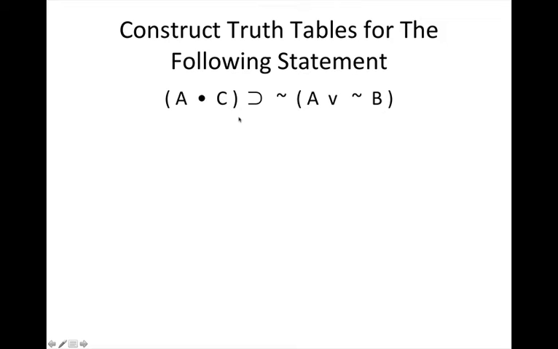All right, now we've got a more complicated sentence in two ways. First, can you see that we have 3 simple statements? So that means that we need to generate 8 lines or 8 rows of a truth table. We also have a slew of operators. So what I would like you to do is identify, as I'm setting things up, the main connective.